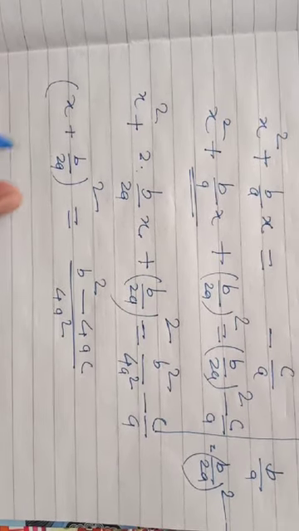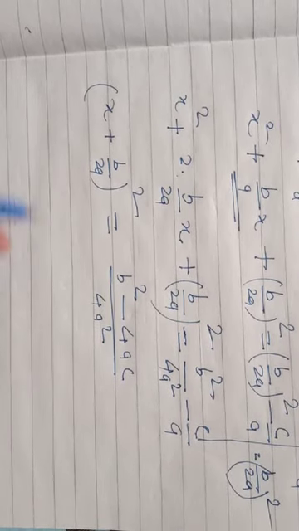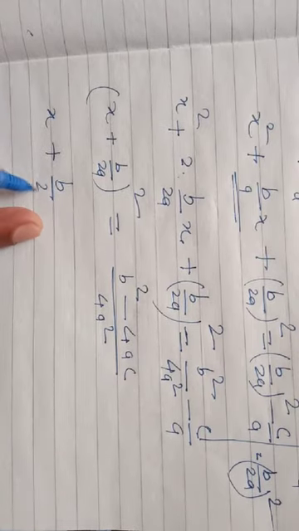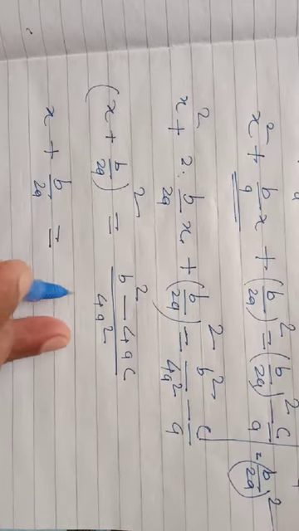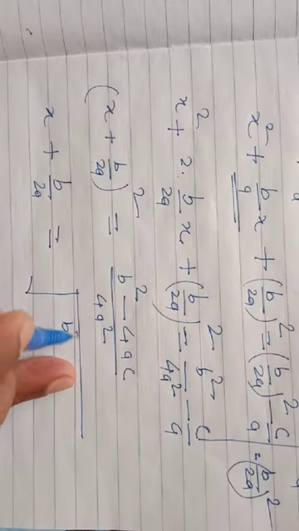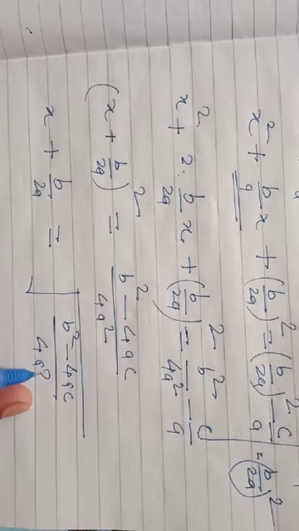Now remove the square and take the square root of the RHS. So x plus b upon 2a is equal to the square root of b square minus 4ac upon 4a square.